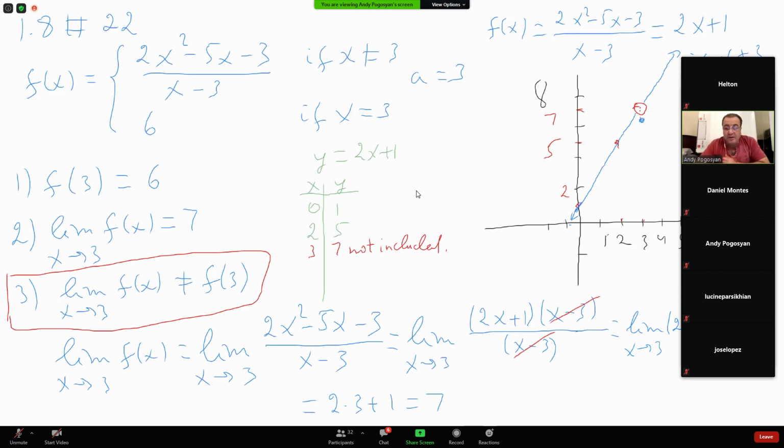So the limit goes to 7, but the function value is 6. So this is called a removable discontinuity. So if we change 6 into 7 at x equals 3, we get 7. Then we have a continuous function.